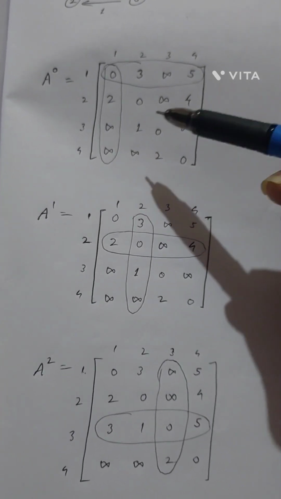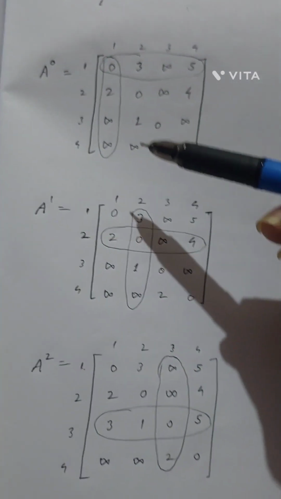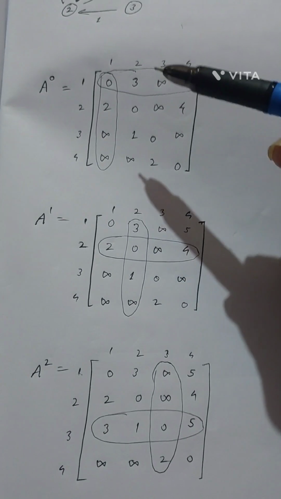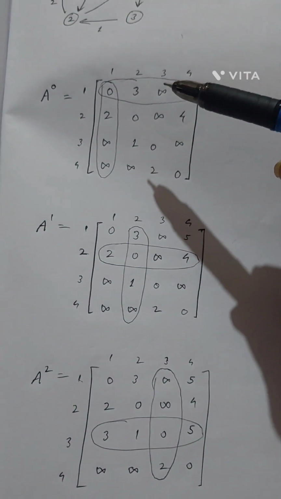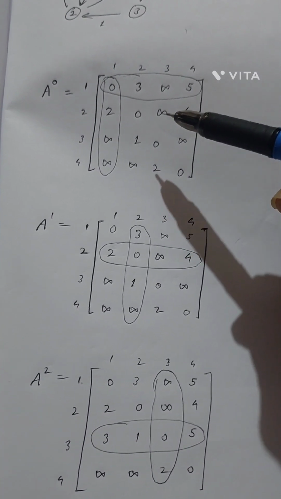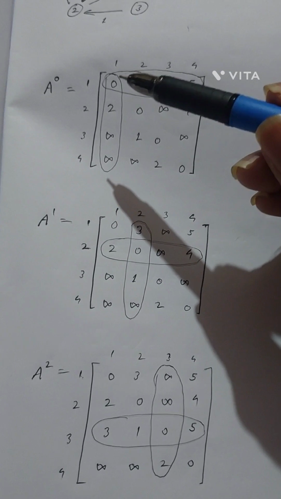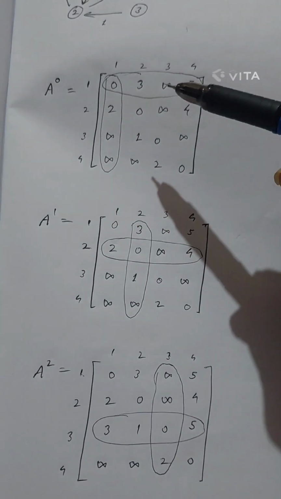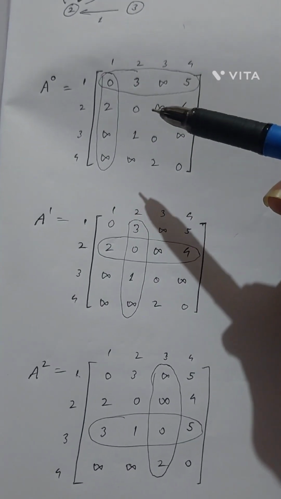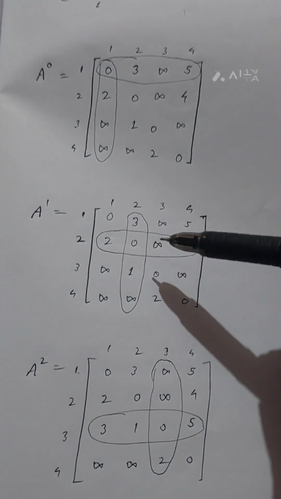We fill up the remaining non-diagonal elements in A1 as follows. Let us consider 2, 3. We consider the minimum between infinity and the path via 1, that is 2 plus infinity. So the minimum of infinity and 2 plus infinity is infinity. So we write infinity here.